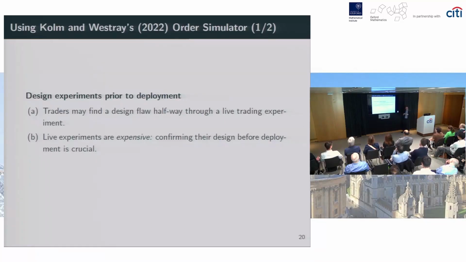Why? Because I'm harping on this point quite a fair bit: trading experiments are small because they're expensive. And there's nothing worse than deploying a trading experiment and then realizing halfway through that it's poorly designed. It doesn't measure what you want to measure, or it measures it too slowly. You have to start from scratch.